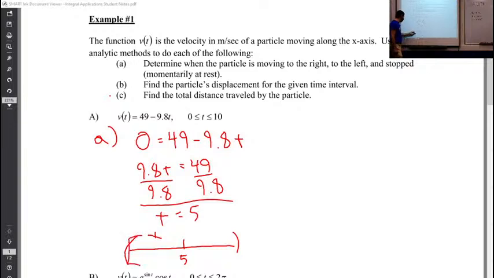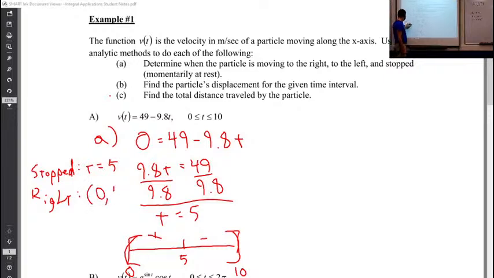So maybe I should put here's 0 and here's 10. So somewhere between 5 and 10. It's going to be negative. So we are stopped at t equals 5. We are moving to the right from 0 to 5, and to the left from 5 to 10.